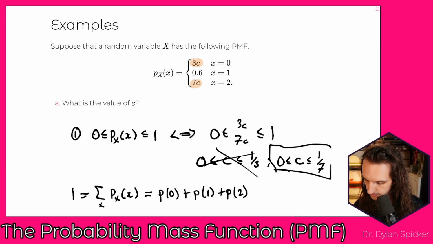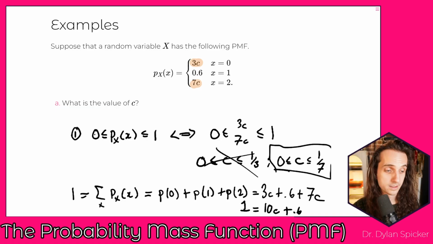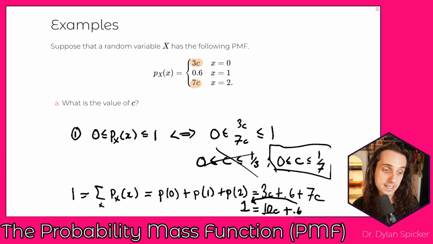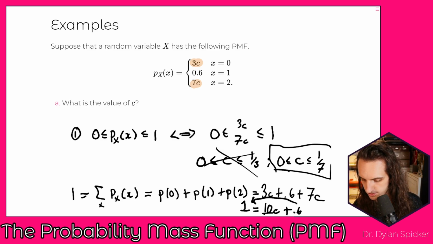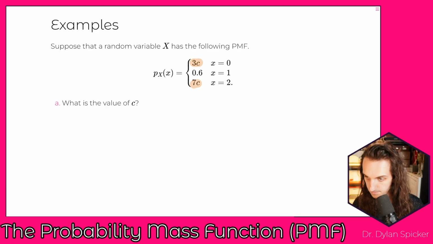So 3c plus 0.6 plus 7c has to equal 1. We can write this as 10c plus 0.6 equals 1, since 3c plus 7c is 10c. Then we can solve this equation for c: we subtract over the 0.6 and divide both sides by 10, and that gives us a value for c. We can walk through this full argument again.